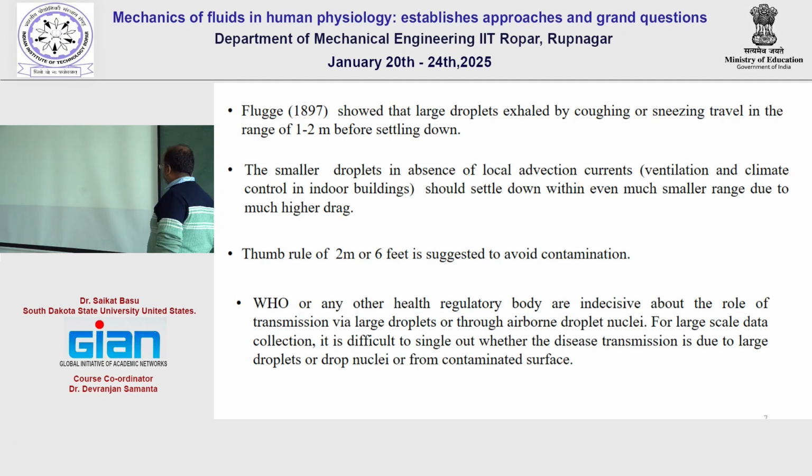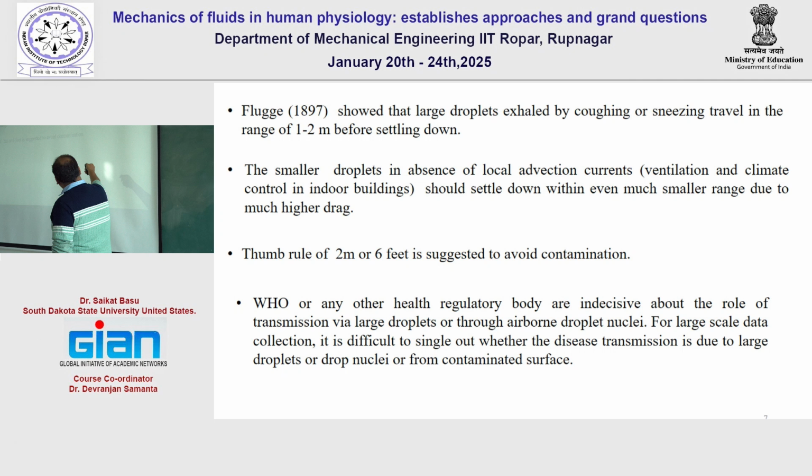The smaller droplets stay airborne. Many times it has been shown recently, by CFD analysis and by experiments, that indoors, if there is an AC or some ventilation system with ambient air current, these airborne smaller droplets transmit much farther and can travel quite a distance.